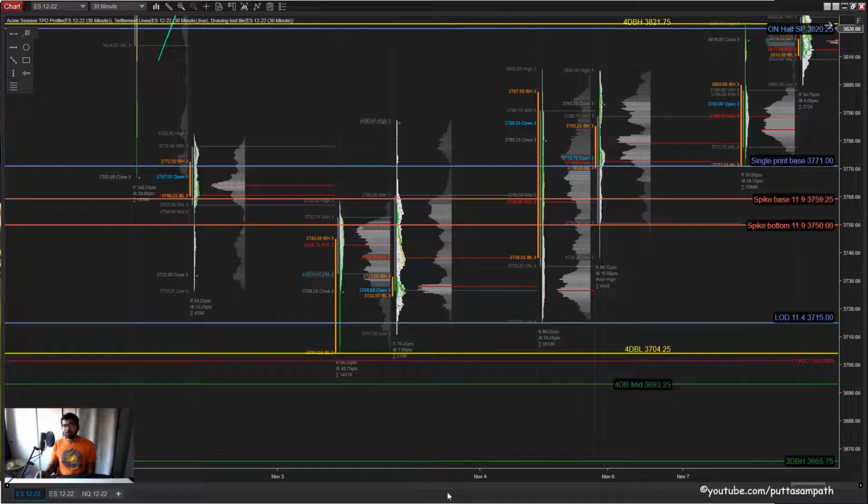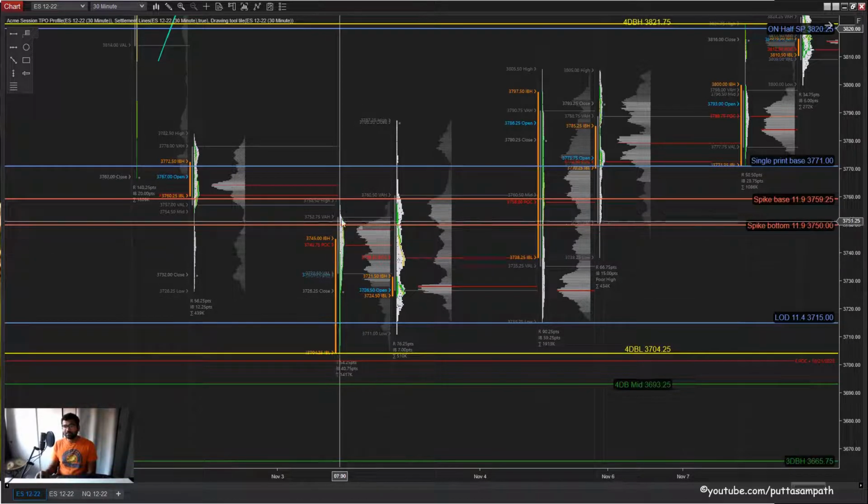On the bottom here you are seeing the dates. Let's start from November 4th, which was last Friday. Last Friday was a P profile price action, and in the overnight session we had a strong rally, and the market opened on Monday with a gap up.